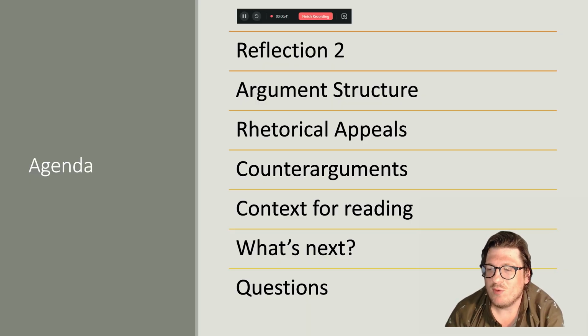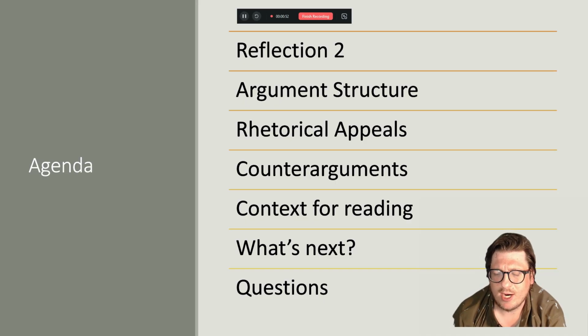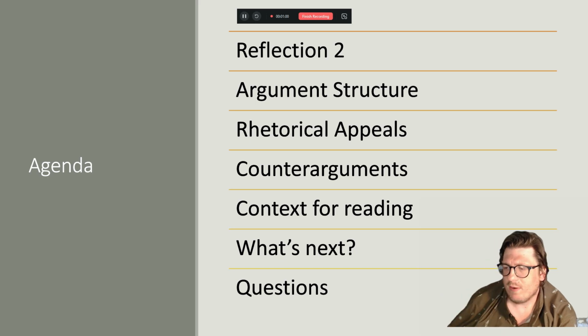We're going to talk about rhetorical appeals, how to use them a little bit, and how to frame our counter arguments, because we will need a counter argument in our problem solution essay, which is going to be essay number 2. Go over some context for reading and look ahead at what's coming up.